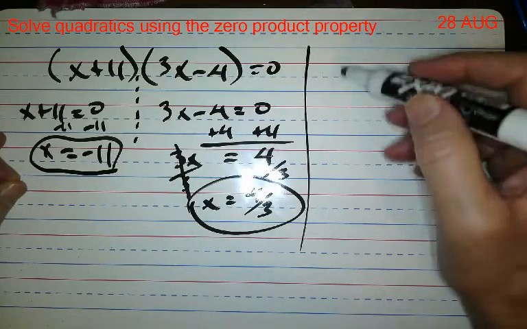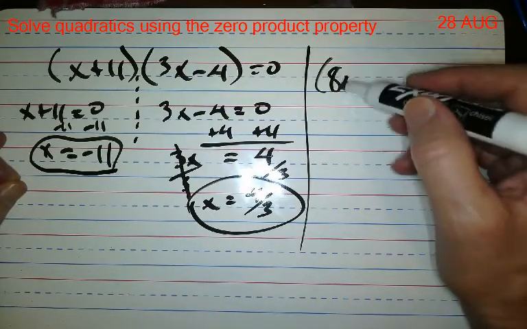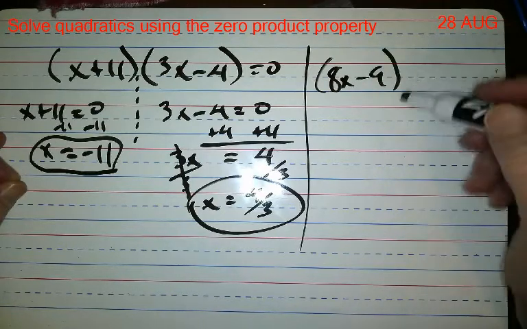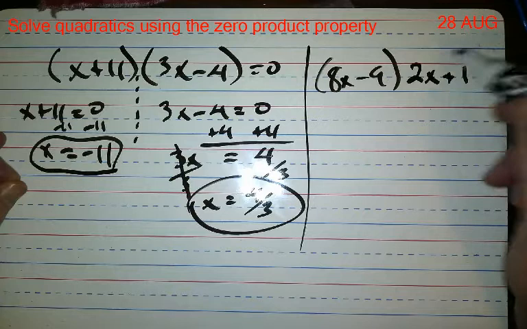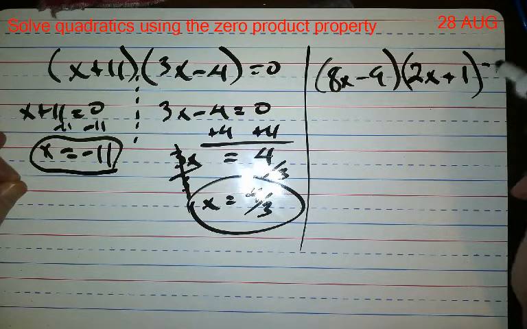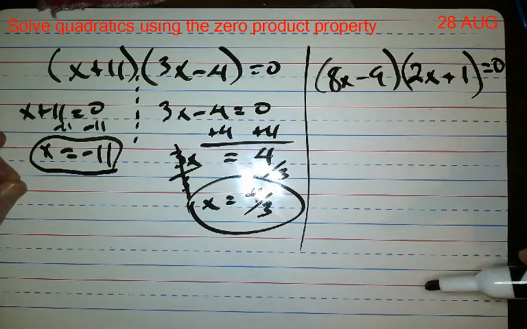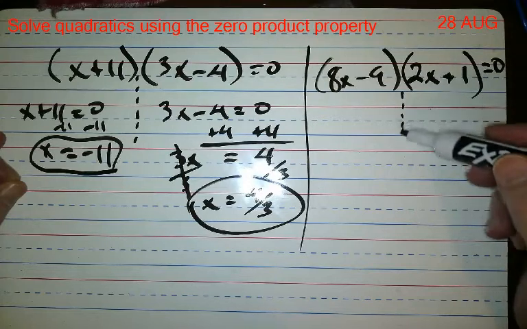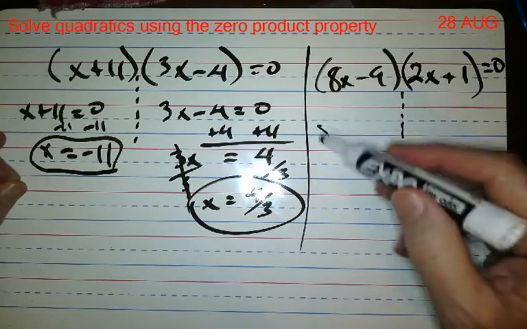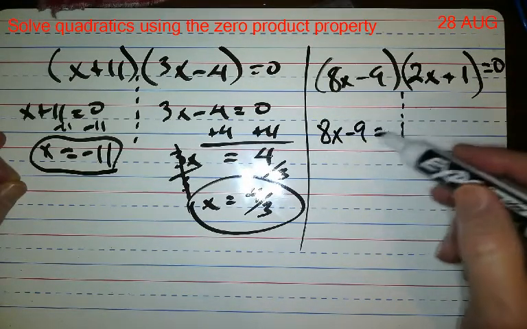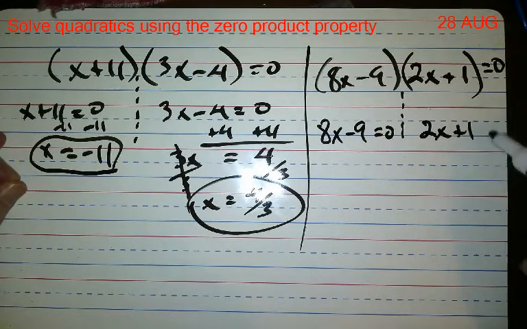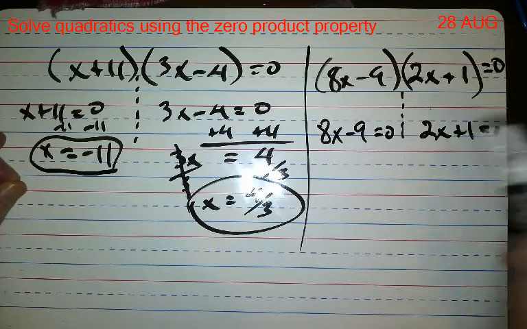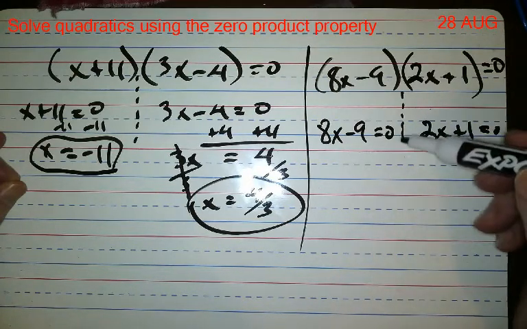What if we had 8x minus 9 and 2x plus 1? That equals 0. Right? Well, you split it down the middle. 8x minus 9 has to equal 0, or 2x plus 1 has to equal 0. And then you still have two steps.